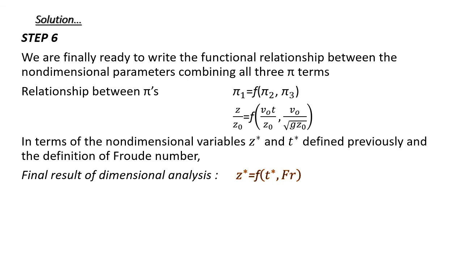In terms of the non-dimensional variables z star and t star defined previously, and the definition of the Froude number, the final result of the non-dimensional analysis is that z star is a function of t star and the Froude number. So we got the non-dimensionalized expression. This is how we have to solve the problems.